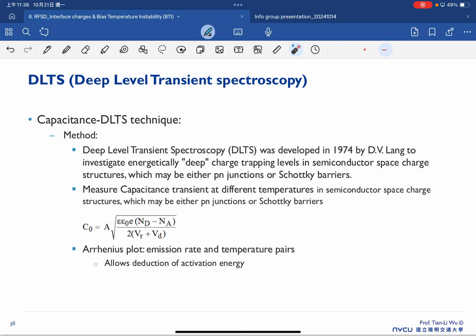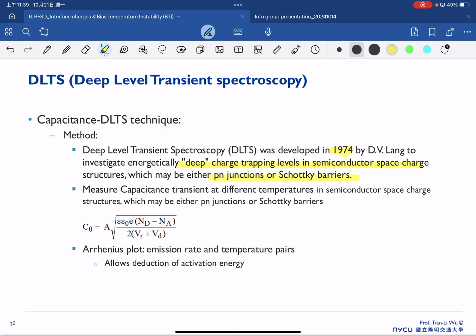DLTS was developed a really long time ago, in 1974, but nowadays we still very often use it, so you can see this should be a very reliable technique. It investigates energetically deep charge trapping levels in the semiconductor space charge structure, which either could be a p-n junction or Schottky barriers.